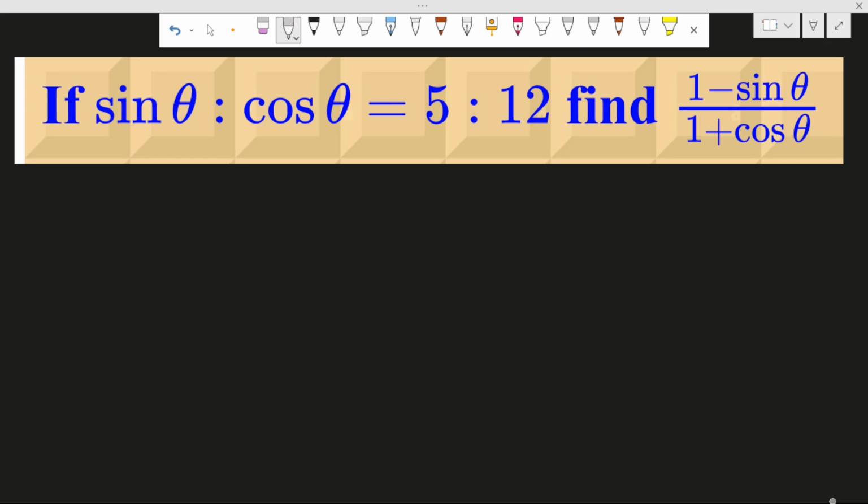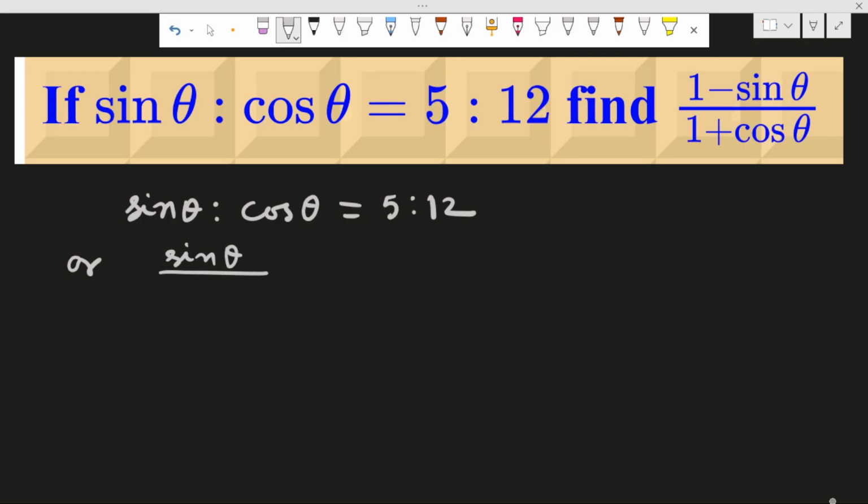Now writing the first given condition, that means sin theta is to cos theta is equal to 5 is to 12. This can be reduced to fractional form, that means sin theta by cos theta is equal to 5 by 12.